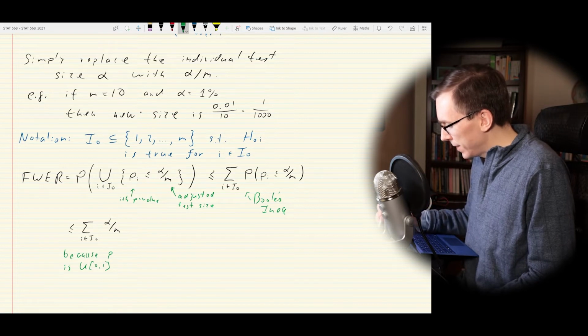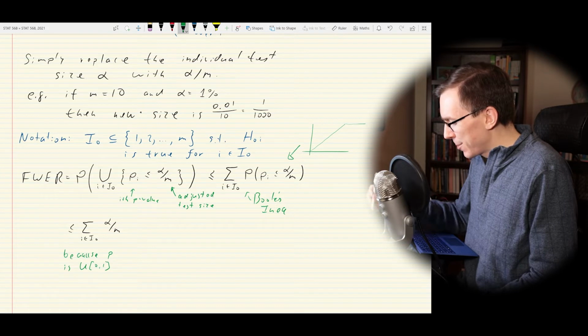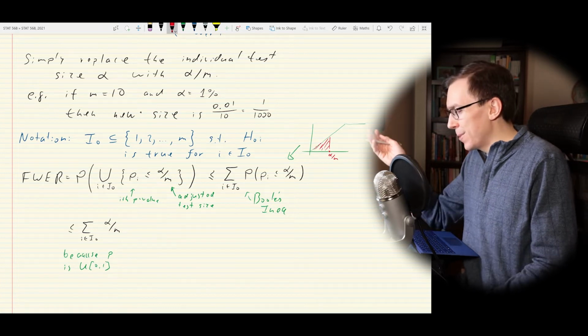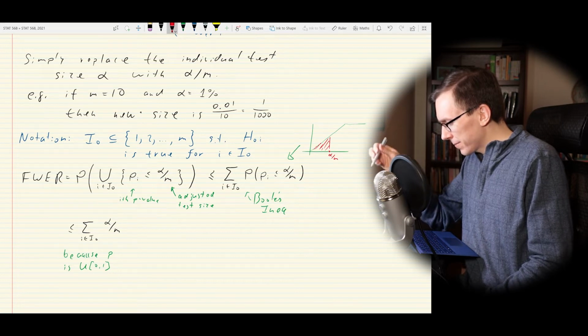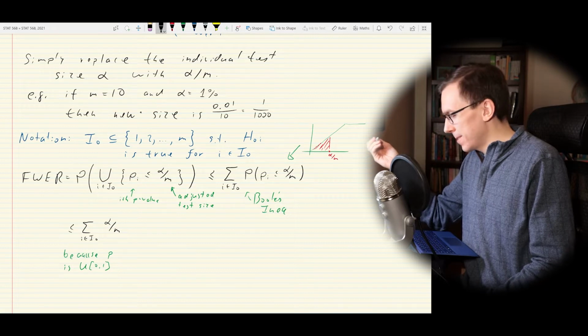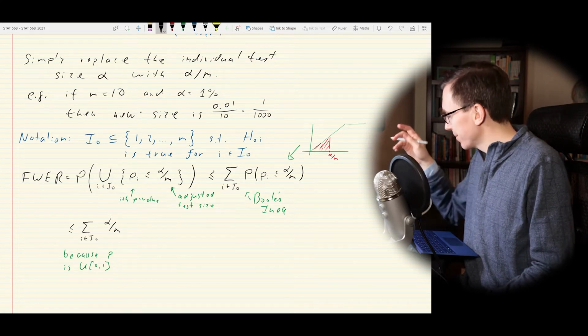So when I try to compute this probability, what I'm basically doing is I'm saying, well, this is the CDF of the uniform distribution. And what I want is to go to alpha over m, and it turns out it's alpha over m. That's exactly what we want. Yeah, of course, because it's the base times height.